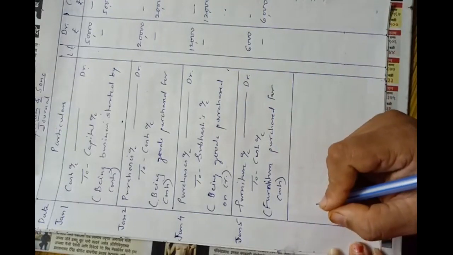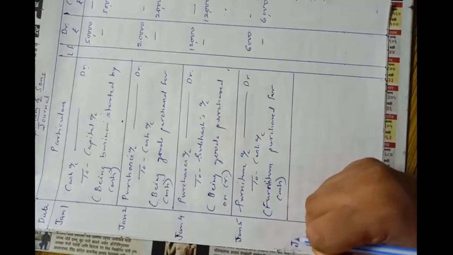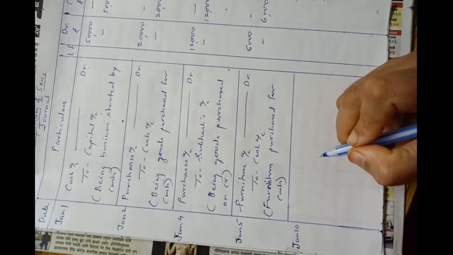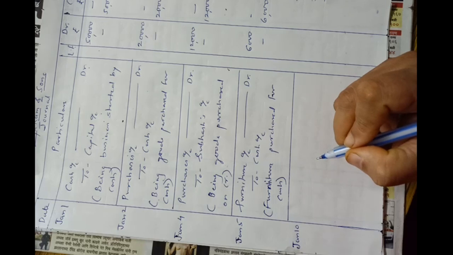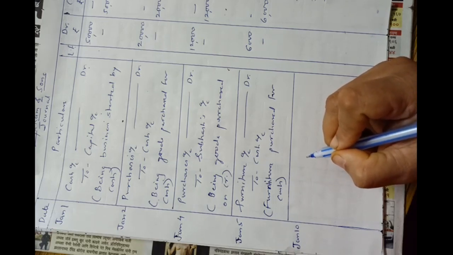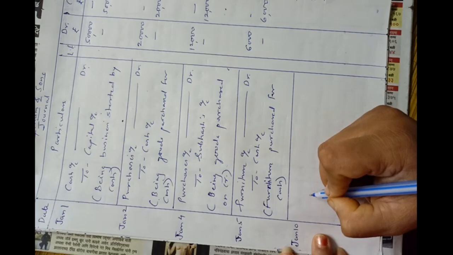Next entry now. January 10th. See the problem. Paid cash to Subhash rupees 8,000. Paid cash to Subhash rupees 8,000. See, you are working. In this entry, Subhash account will be debited and cash account will be credited.